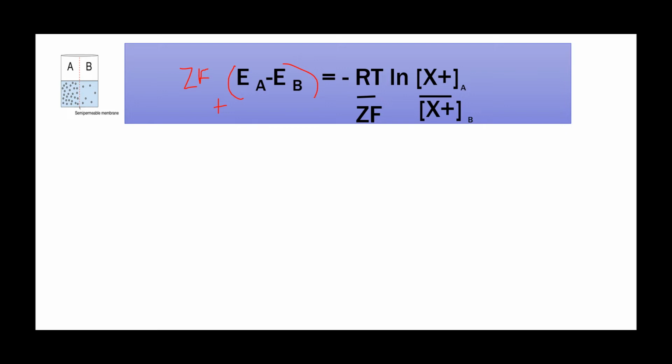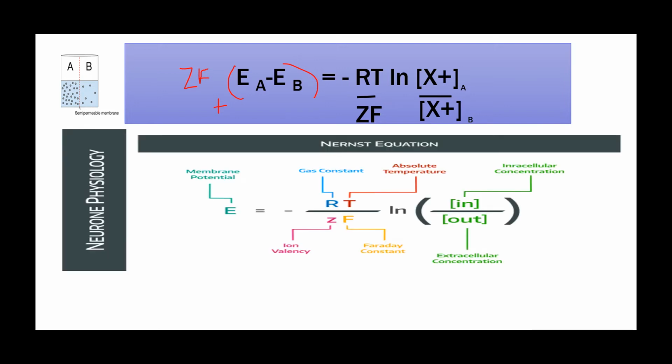Initially it was ZF into EA minus EB plus RT ln XA by XB equal to 0. We took RT by ZF to the other side, so it has become minus RT by ZF log of this. Then EA minus EB will be RT over ZF times the log.